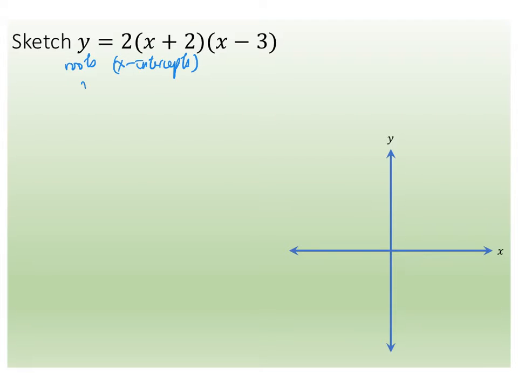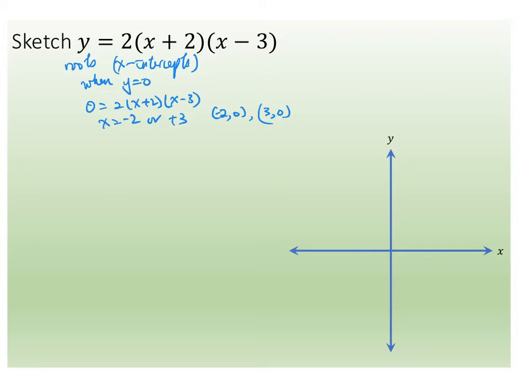Okay? When y equals 0, 0 equals 2(x + 2)(x − 3). Therefore, x equals −2 or +3. So the two roots are (−2, 0) and (3, 0).